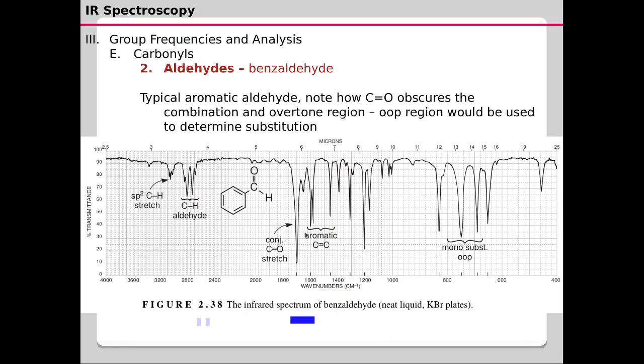But here the band is at a slightly lower frequency, by about 20 cm⁻¹. That is because of the conjugation effect of the carbonyl functional group with the phenyl ring. Conjugation reduces the bond order of the carbonyl functional group and reduces the stretching frequency by about 20 cm⁻¹. The rest of the spectrum is self-explanatory.